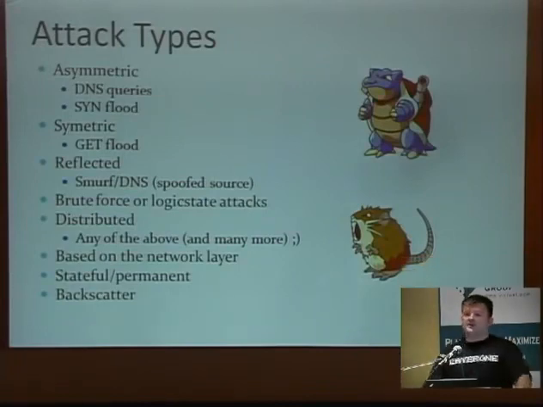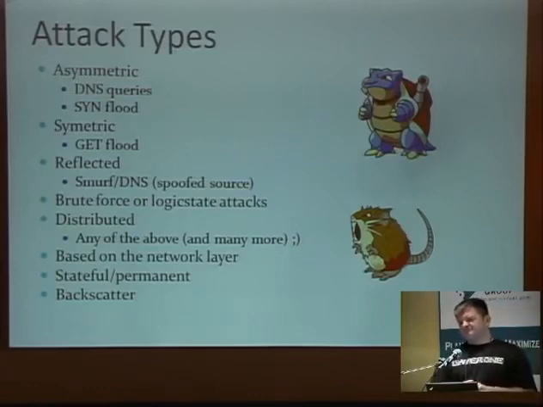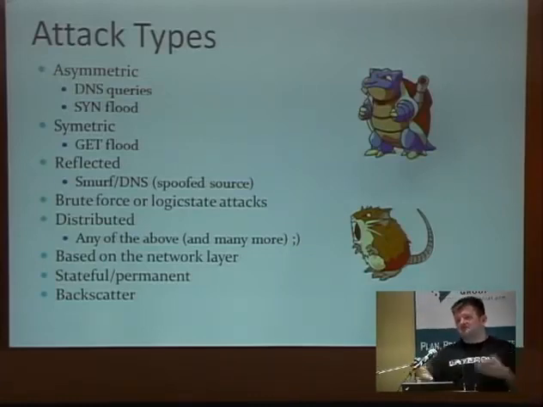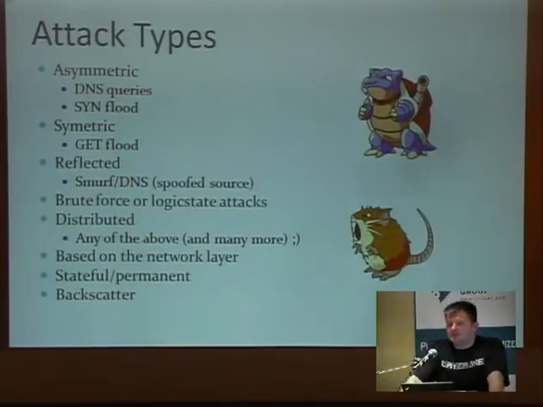Asymmetric DNS queries. If you send a DNS query, do you know how big a DNS query is? 8 bytes. Well, if you have the entire packet, it's about 50 bytes. I don't want to go into exact details, but it depends on the length of the record you're looking up. Now, if this record has 13 IPs as an answer, you're looking at a 512-byte return packet.